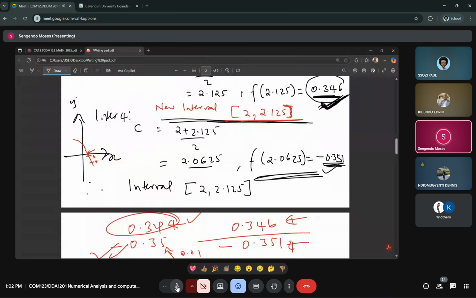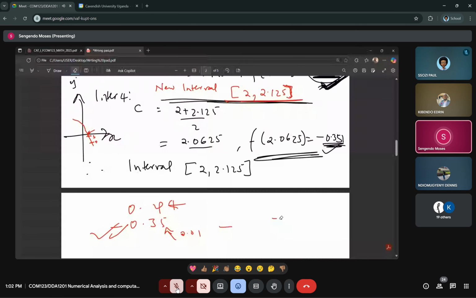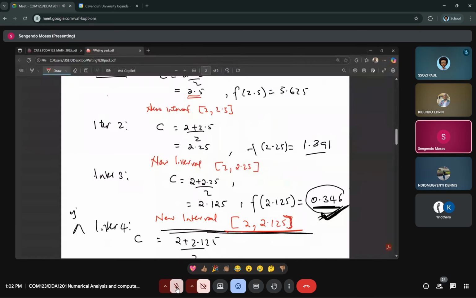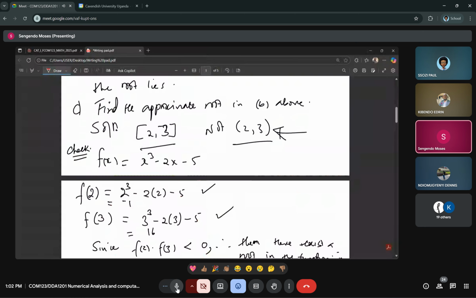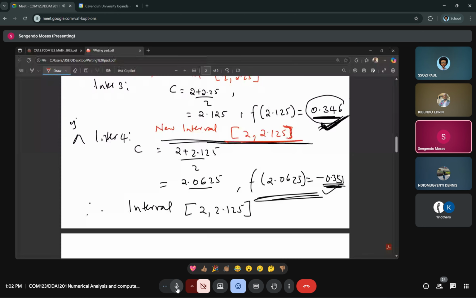0.346. And now, having said that, I think we can determine the approximation. What is the approximation of the root? That is part C. What is the approximation of the root?